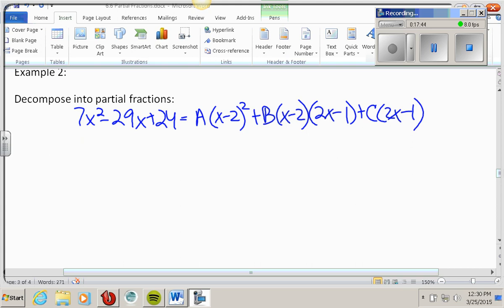And again, this equation, just like before, is true for all of x. So we can substitute any value of x and still have a true equation. So let's first, in order to have this 2x minus 1 equals 0, we can let x equal 1/2. So let's substitute in 1/2.